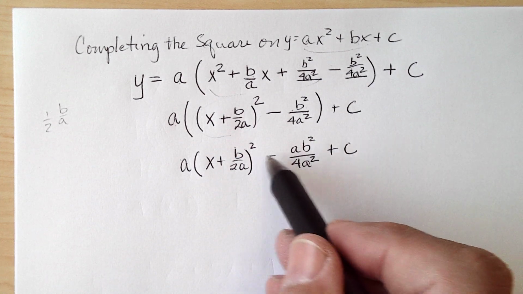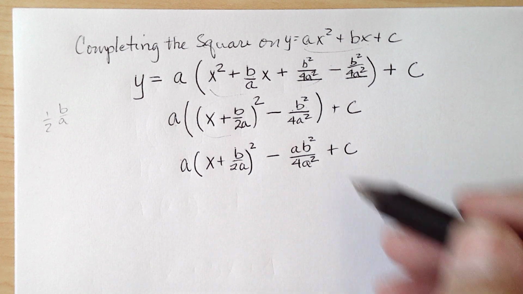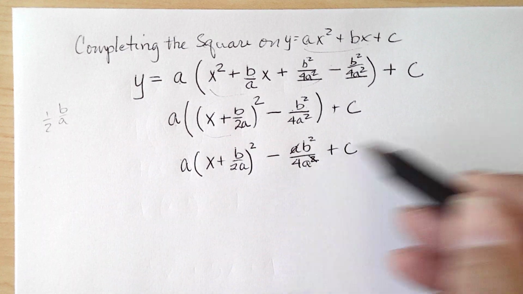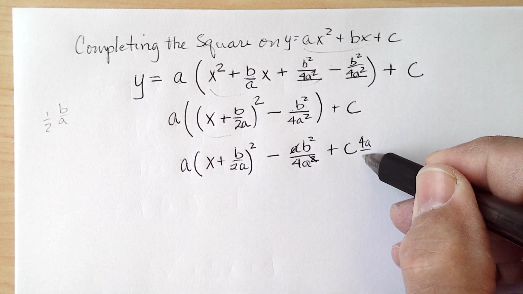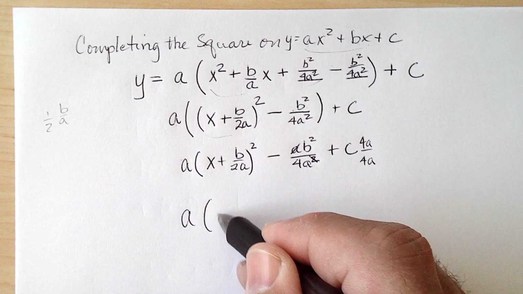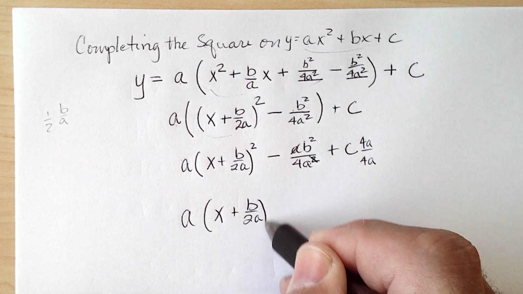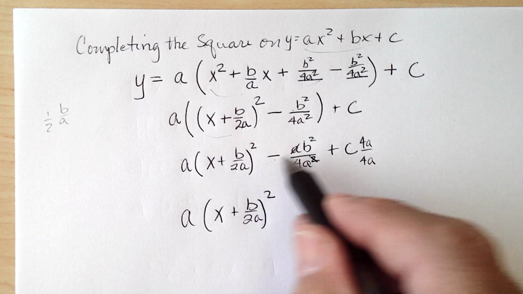So I'll get a common denominator for these. Let's see. One of these a's will cancel. So the common denominator is 4a. So I need to multiply this one by 4a over 4a. So I get a times x plus b over 2a quantity squared. And let's see, this is negative and this is positive.